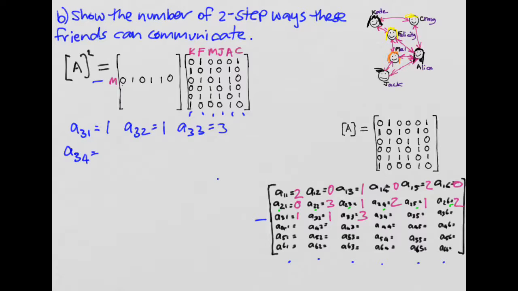A34 is going to be row M times column J, and that's a 1. A35 is row M times column A, and that's a 2. And finally, A36 is row M by column C, which will give you a 1.